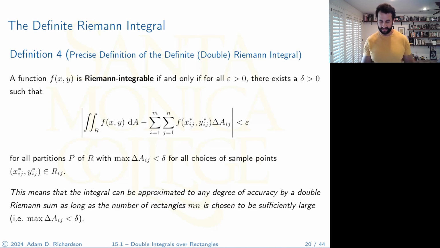When you see an inequality like this, think of it in terms of approximations versus exact values and associated errors. This is the exact value. This is an approximation. Notice there's no limit here because this is the formal definition of a limit. So pictorially, this thing is representing this.